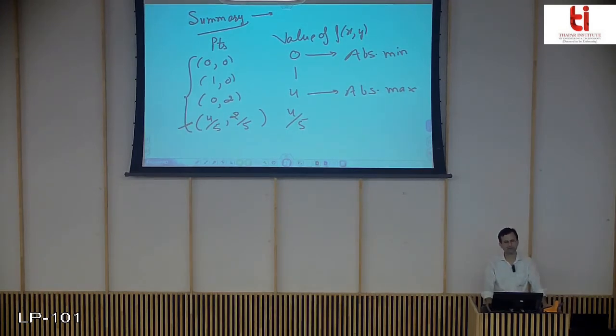Now one more very interesting thing that must be coming to your mind: when we found these points, either the interior point of the line segment or the endpoints, we never applied the second derivative test to check whether it is a local maxima, local minima or saddle point.